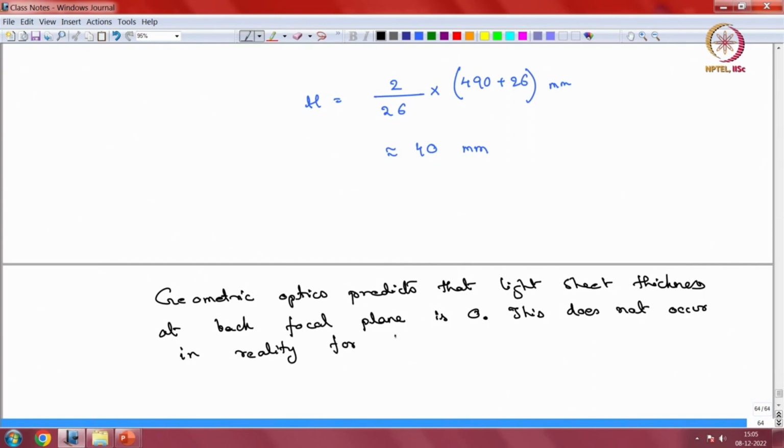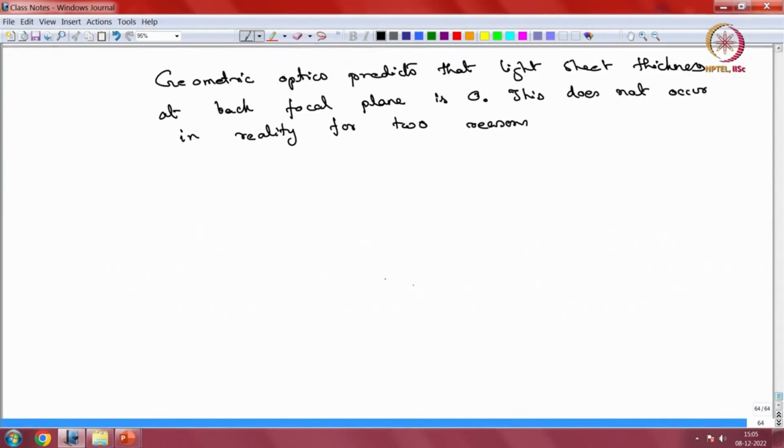For two reasons. One being the diffraction of light. At these very small length scales, how light is being bent has to be understood through the perspective of light diffraction, and that says that light cannot be focused onto an ideal point.